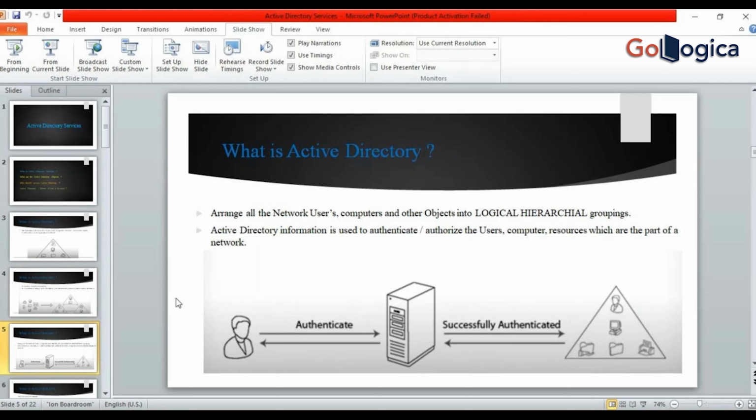If I am working in one domain, as part of an organization, say Accenture, and you are also part of the Accenture organization, but you are working in a different domain and I am working in a different domain, and your location is different and my location is different, but we both are working under one domain. One domain means we are working on a similar kind of project, but our functionality is different.